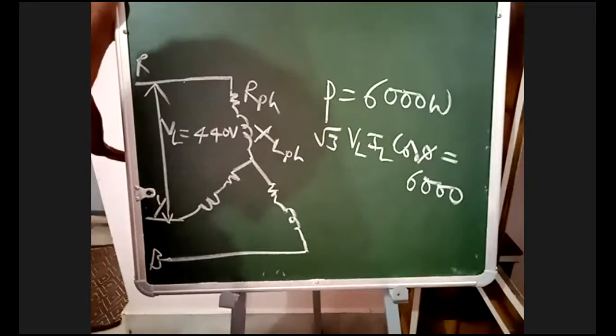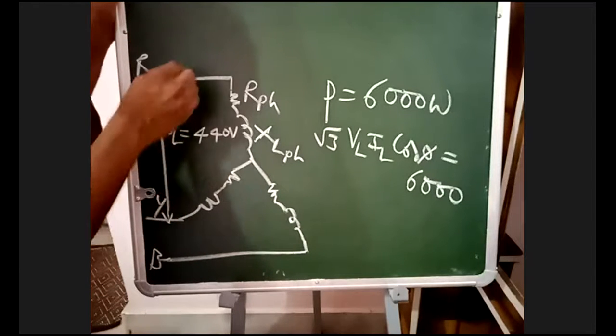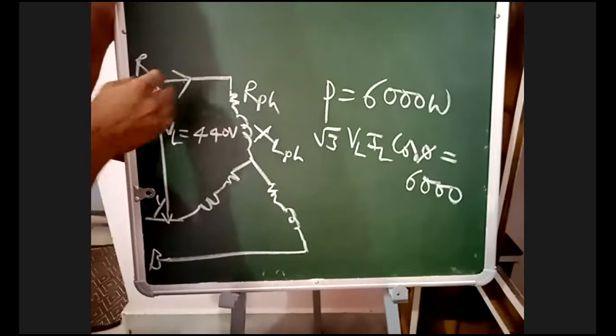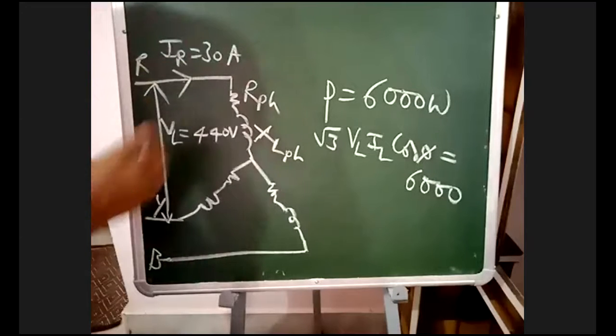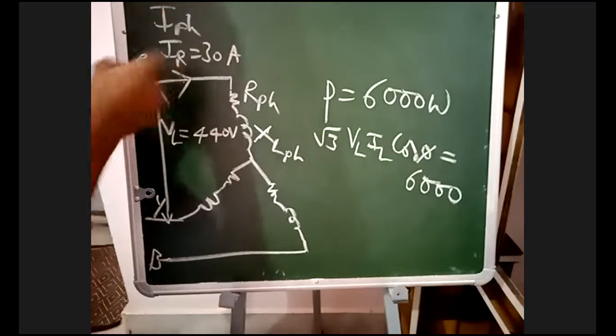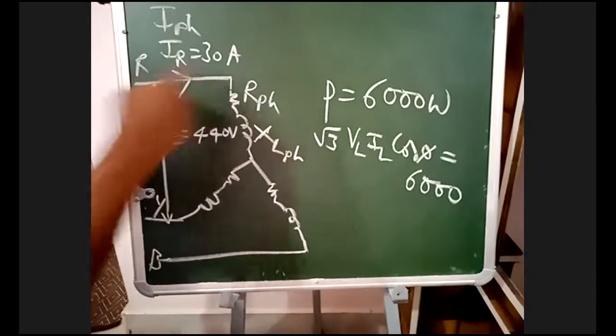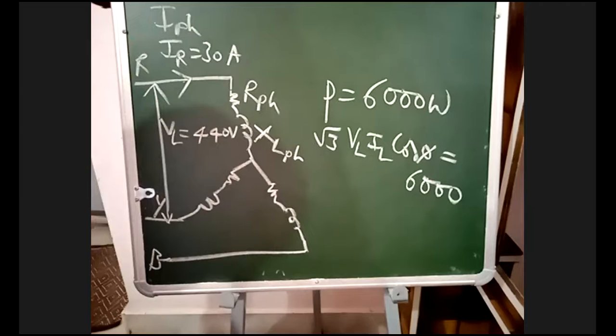Phase current or line current? See, in one phase he is giving the current. IR is equal to 30 ampere. He is giving the phase current. I phase is equal to 30 ampere. Only in one phase he is giving. This is the phase current.